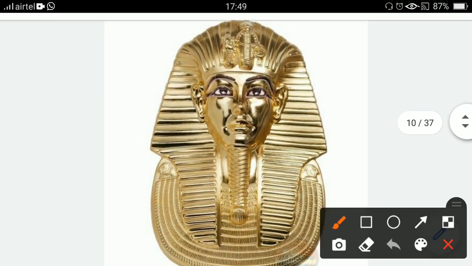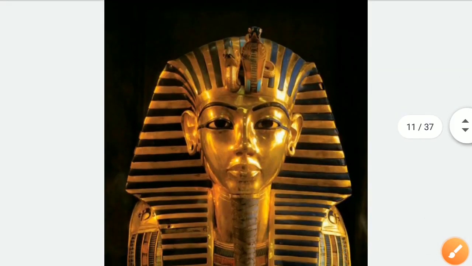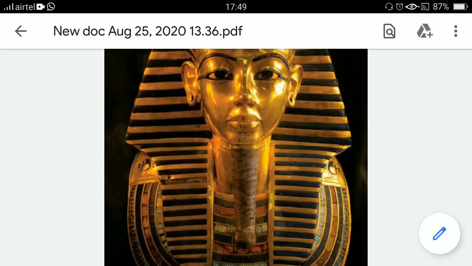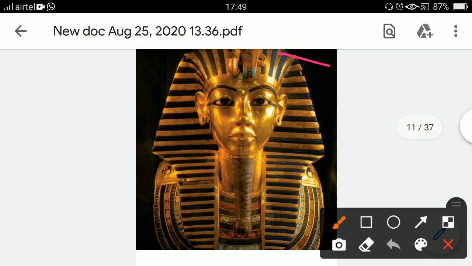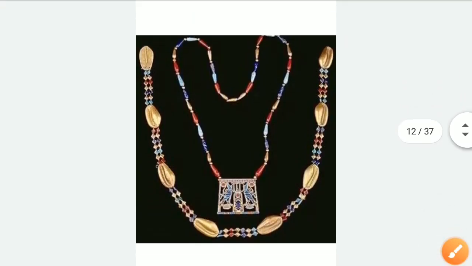This is the image of gilded face of King Tut. This is the real image of King Tut's gilded face. This is necklace they used to wear, whether it was a ruler, a pharaoh, or a queen.